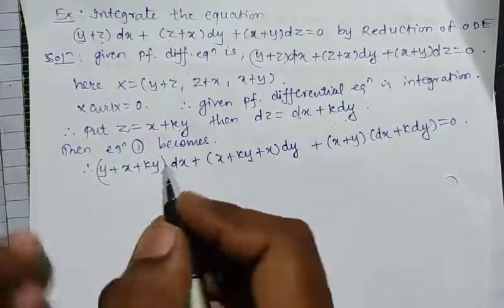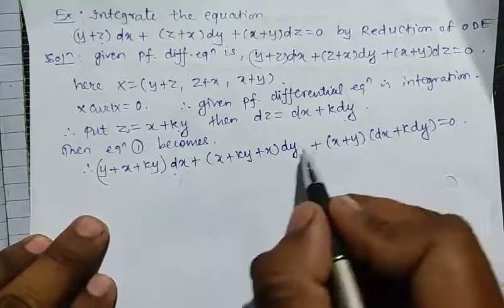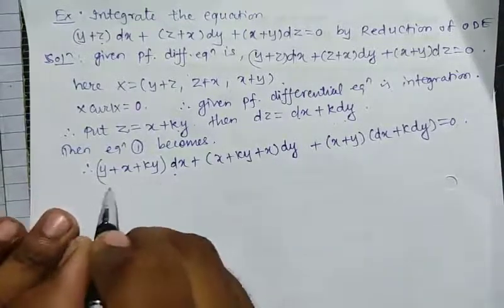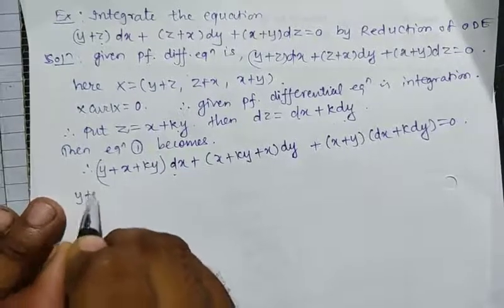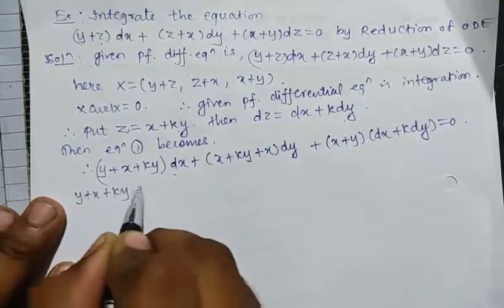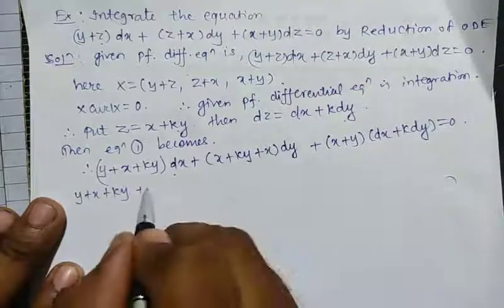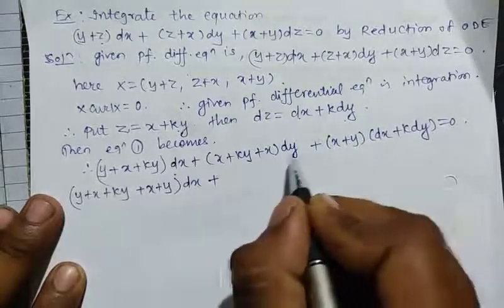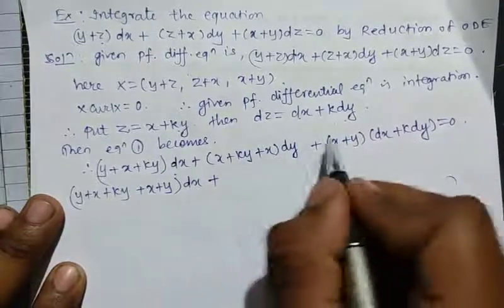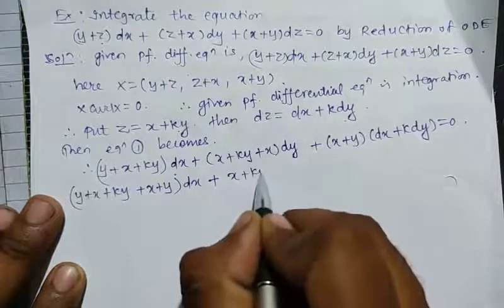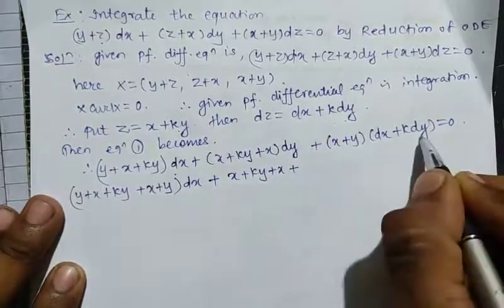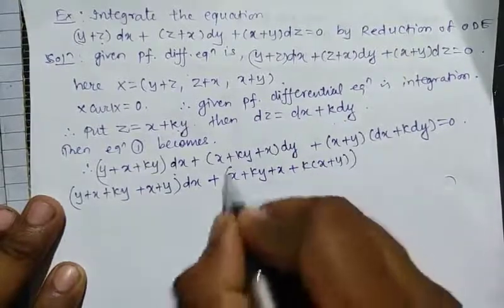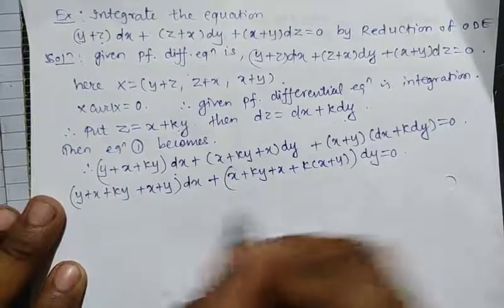So separating dx and dy, for dx we get in brackets y plus x plus ky, plus the next dx term, x plus y, into dx. Then separating dy, we get x plus ky plus x, plus after separating dy we get k into (x plus y) into dy, equal to 0.